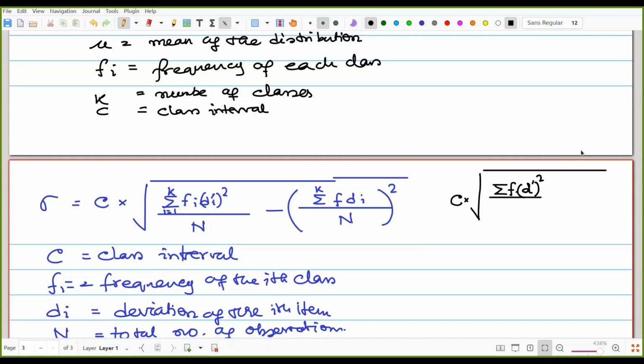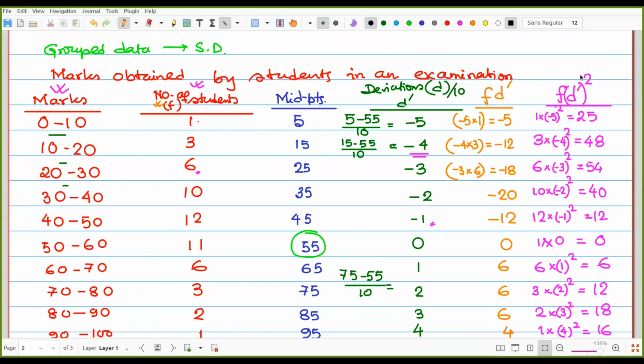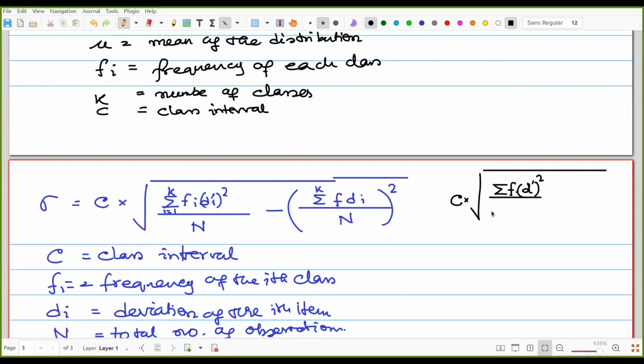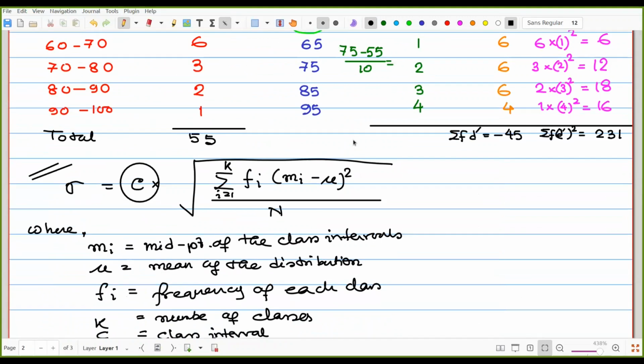That means the last column, f d' whole square. Then divided by N. Already we know the N is here, that means the total number of frequencies.